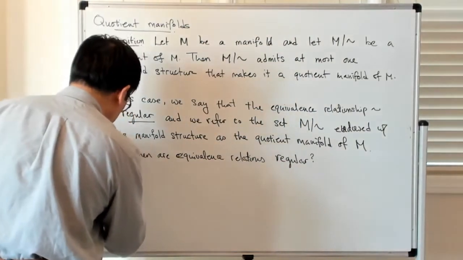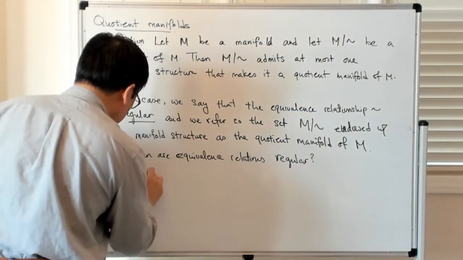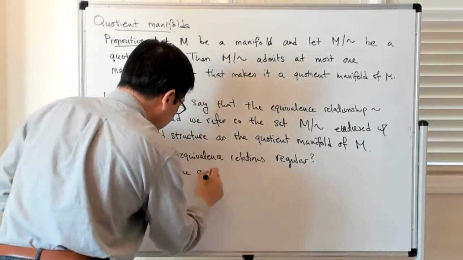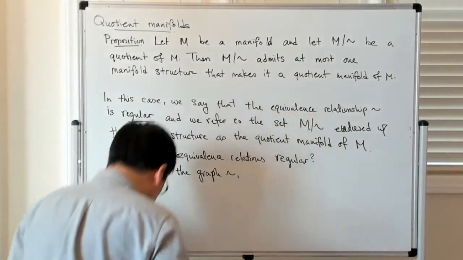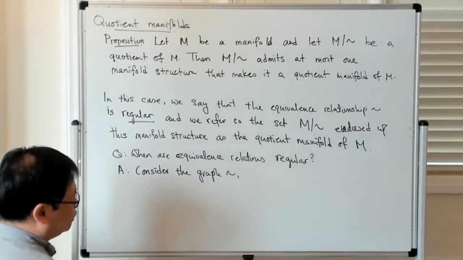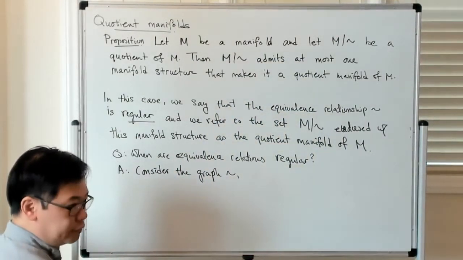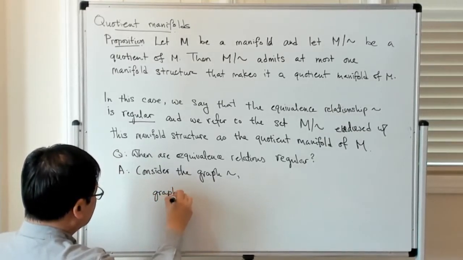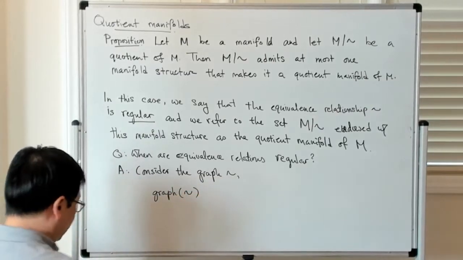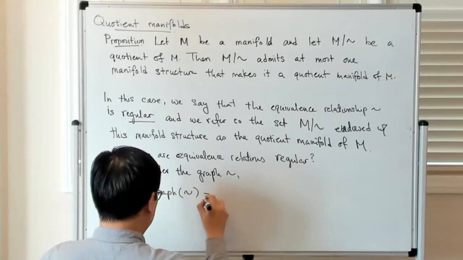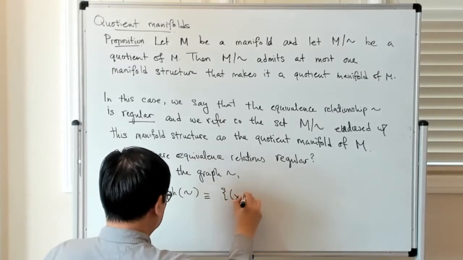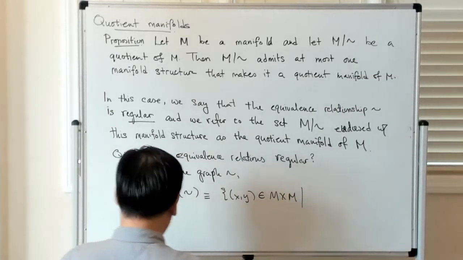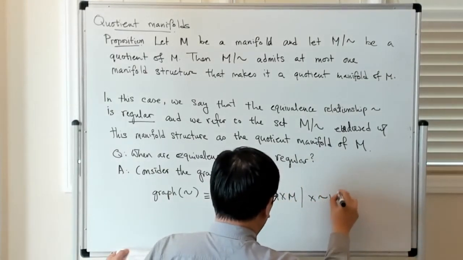So consider the graph of tilde. The graph is an object in the product of the manifold with itself. It's a set. The graph of tilde is defined to be the set of points x, y in M cross M with the property that x is related to y.